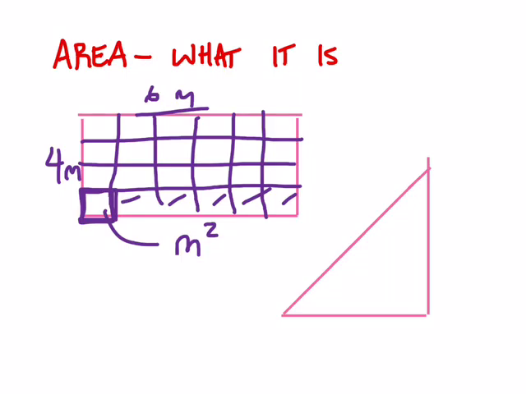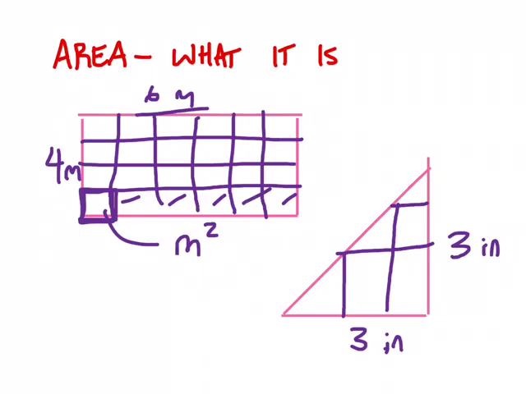If I'm talking about a triangle that's 3 by 3 inches, I'm going to divide that area up into 3 inches worth of segments. Okay? And it's going to end up looking something like this. This is not a great drawing, but this is what it's going to look like.